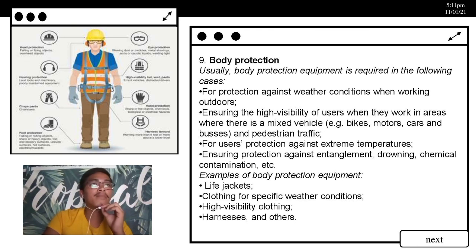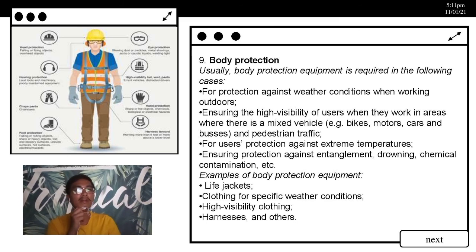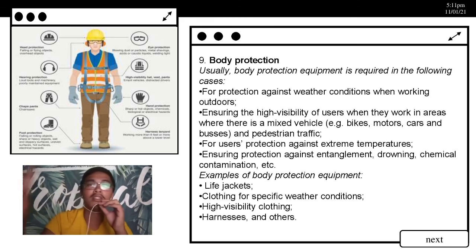And ensuring protection against entanglement, drowning, chemical contamination, and so on. So what are examples of body protection? The first is the life jackets, clothing for specific weather conditions, high visibility clothing, harnesses, and others.